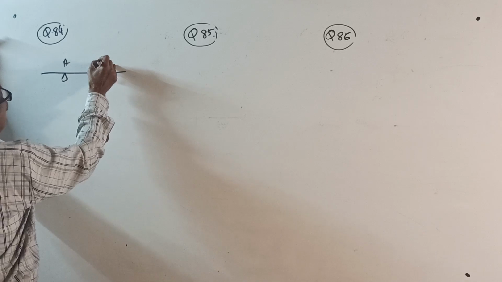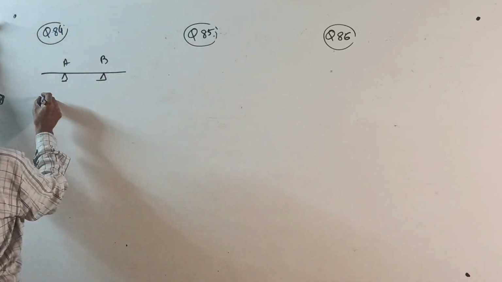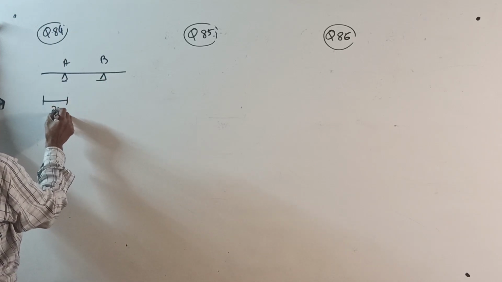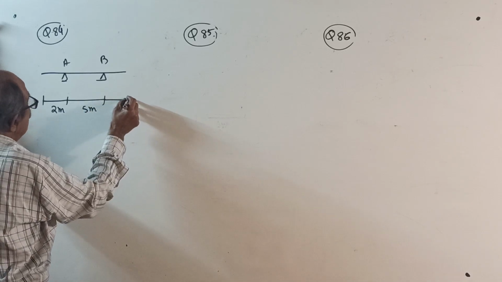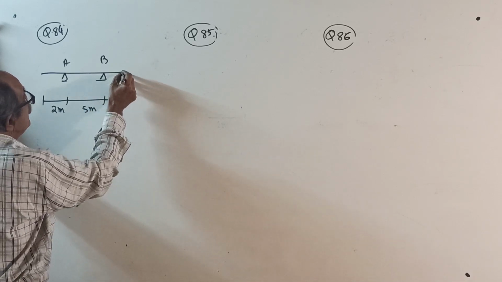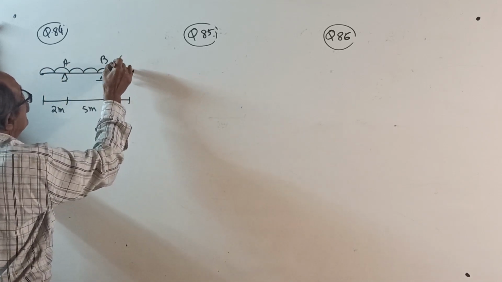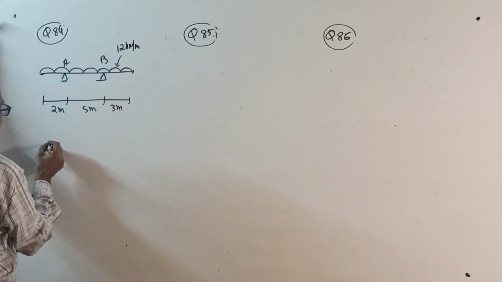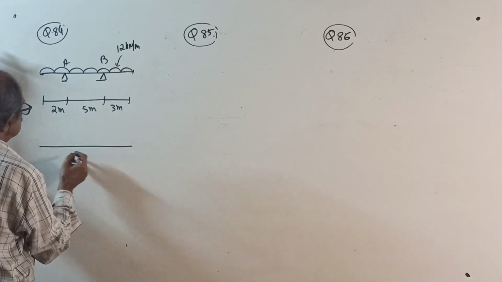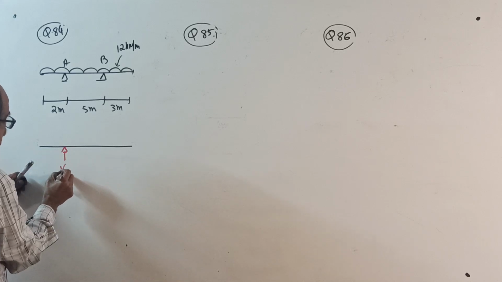With the UDL, AB, okay, some distance required, 2 meter, 5 meter, 3 meter, 12 kilonewton per meter. Somebody is disturbing from outside. I am so sure that both will come upwards.